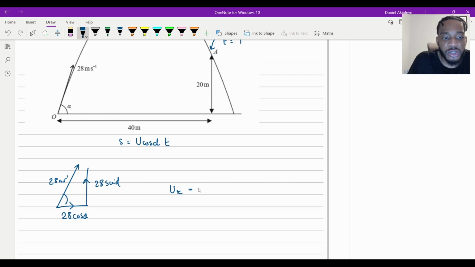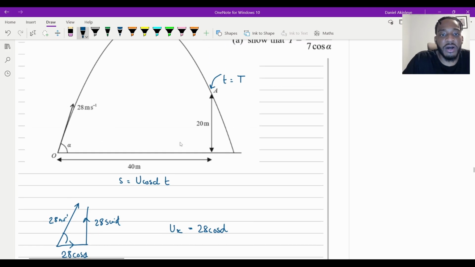It's going to be 28 cos alpha. Now we know that we're modeling it towards capital T. So I'm going to say T is equal to capital T. And we know that it goes from O to A, which is 40 meters horizontally. So what I need to do is just put T here, and say S is equal to 40.